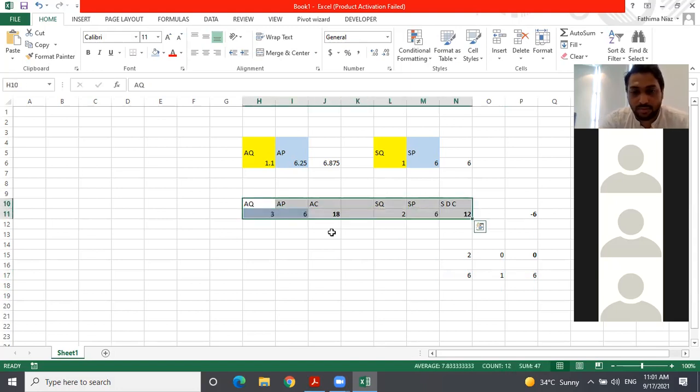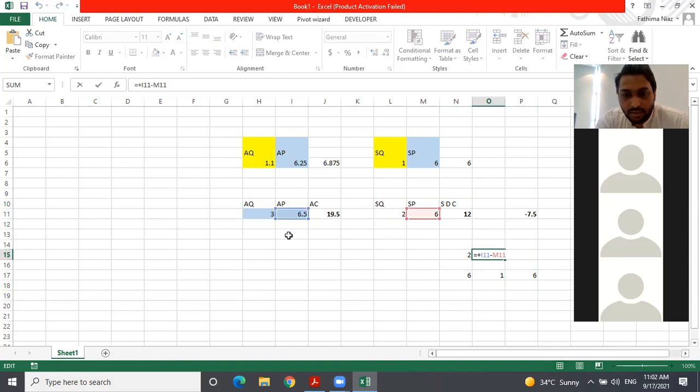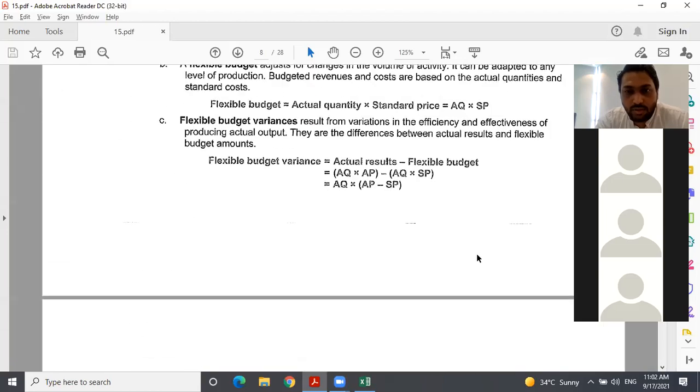One more example we will put. Okay, the same step. There is actually price variance, as well as quantity variance. Clear? Okay. Now what happens? Prices compared. Actual quantity, right?